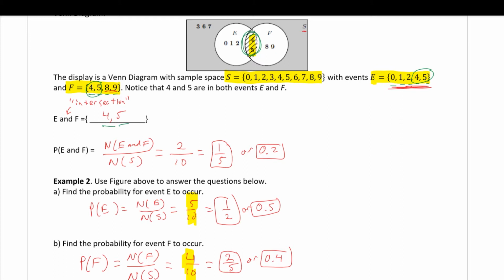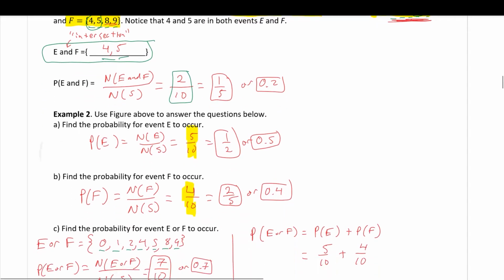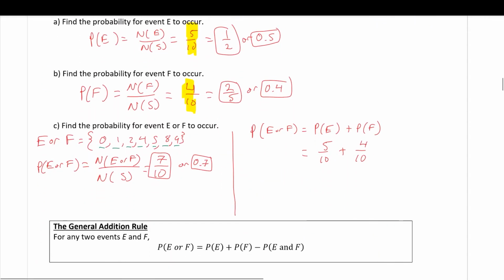Well, we would have to remove their intersection, which is this thing right here, the 2/10. You see that? So that's why this formula, the general rule, removes their intersection, because you double counted it essentially. If you double count it, you want to remove it once.